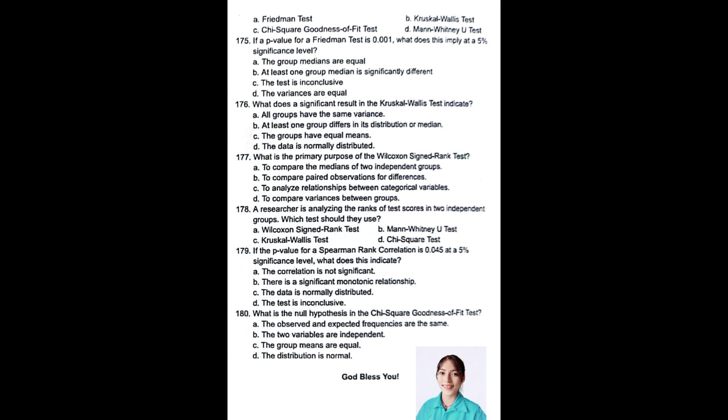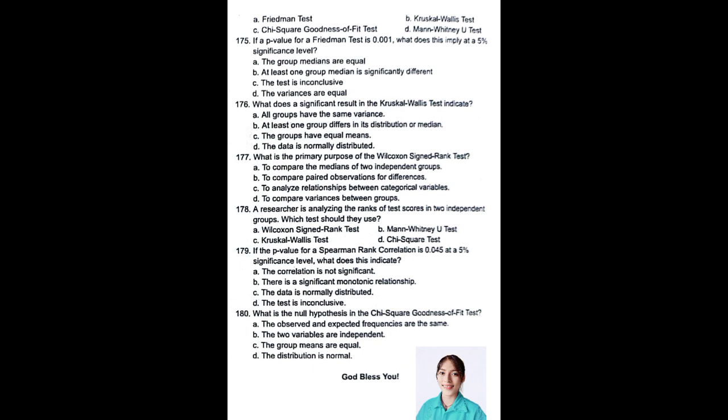Then we have 176. What does a significant result in the Kruskal-Wallis test indicate? It indicates that at least one group differs in its distribution or median. So that's option B. Then we have 177. What is the primary purpose of the Wilcoxon signed rank test?